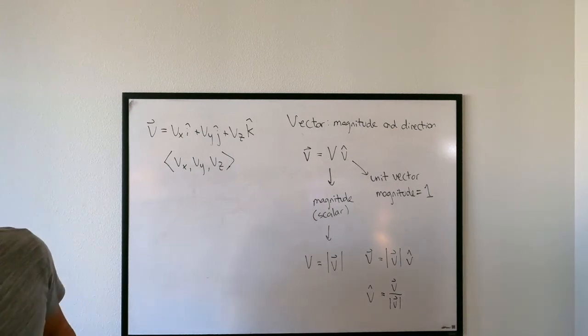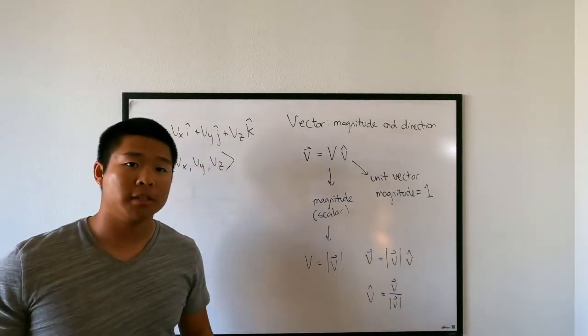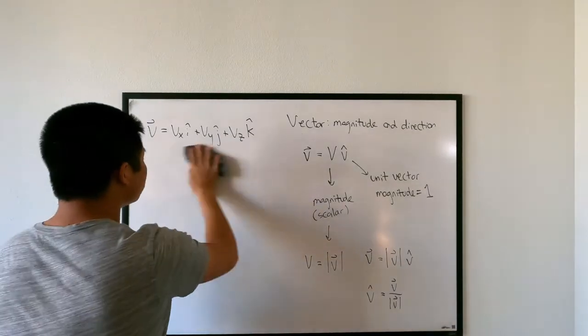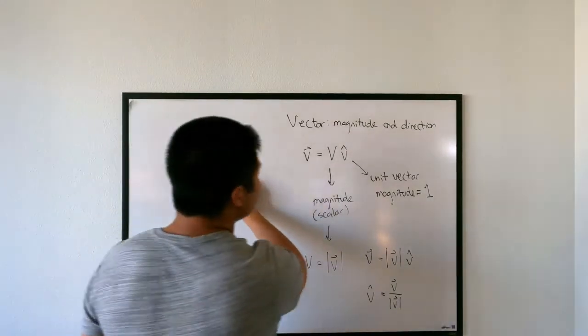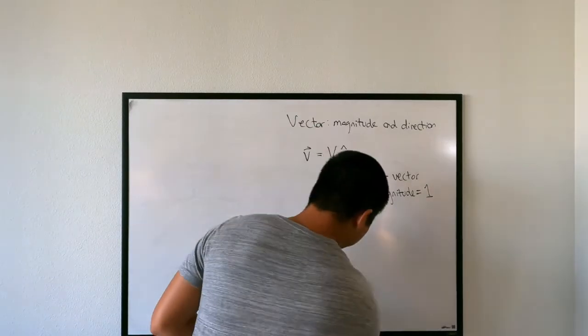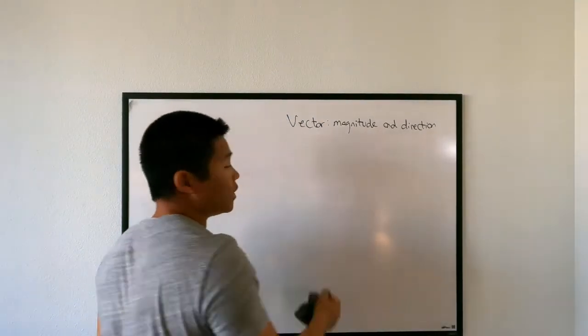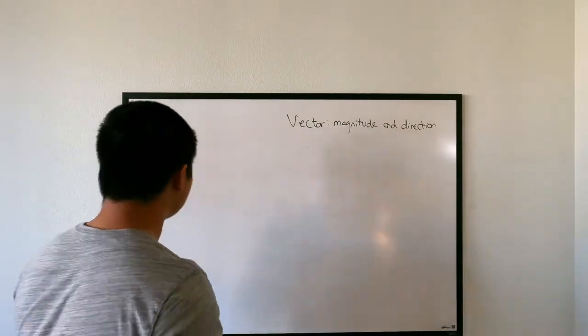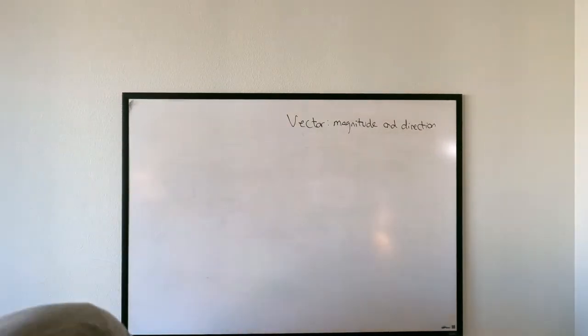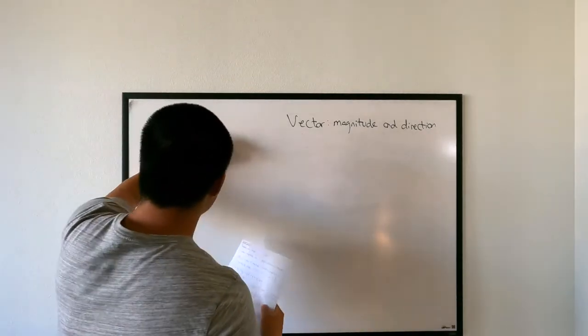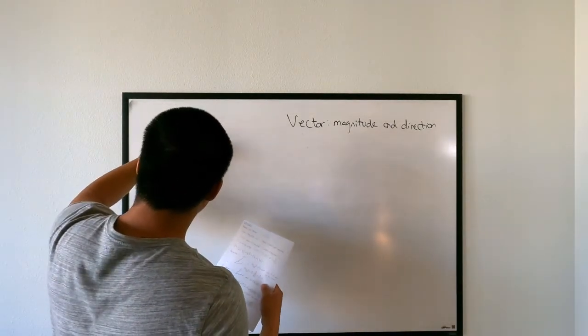So one of the applications of vectors is projections. Okay, so what is a projection? A projection is used to find the value of a vector that goes in a particular direction. Okay, so suppose I have a vector V that goes in this direction.